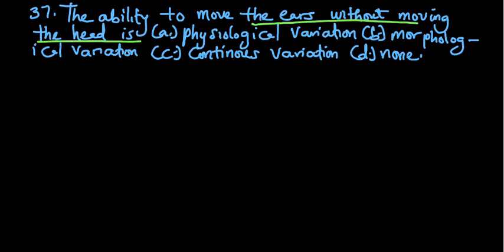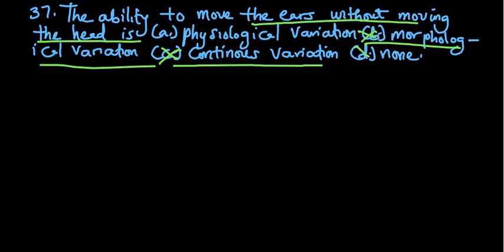So it is something that is physiological. If you look at the options, it has already given you the answer, because continuous variation is the same thing as morphological variation. So it cannot be option C, option B, or option D. The answer is option A. Because if you see a person, you cannot judge that they can move the ear without moving the head until the person shows you.